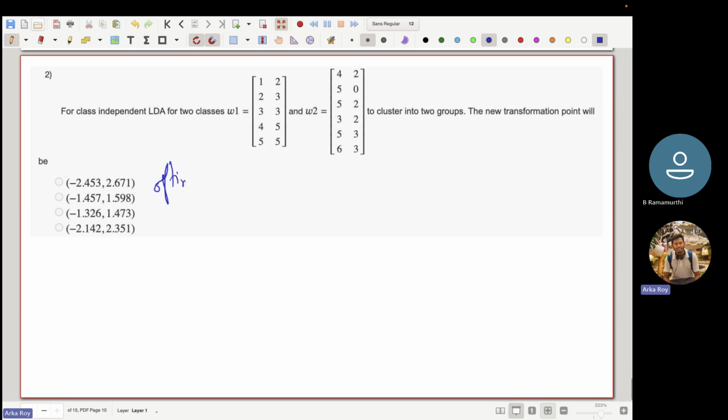The optimum weight. What is the formula for optimum?